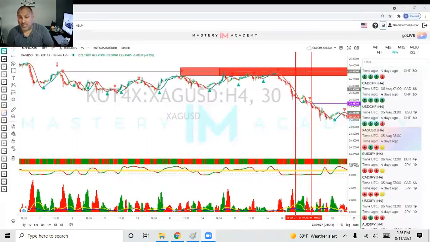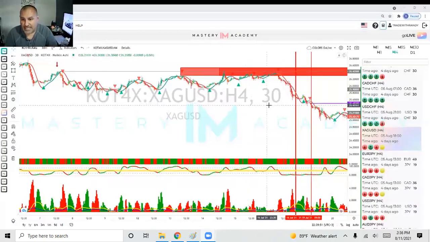Yeah, our structure is on the 4-hour. Exactly. So if our structure is on the 4-hour, not the 30-minute, where should we put our stop?